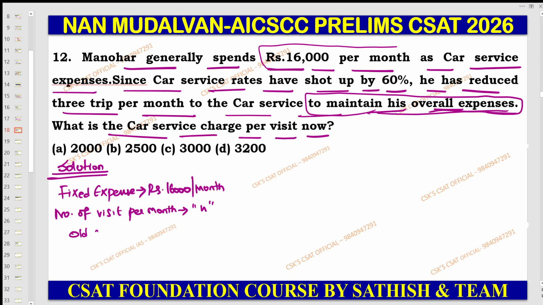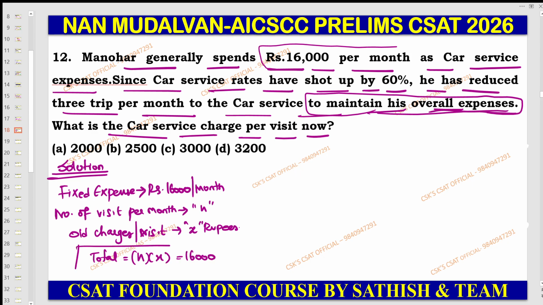This is the old one. Let us take this as x rupees. Then what is the total expense here? Total expense is the number of visits times the price. N into x is provided as 16,000.